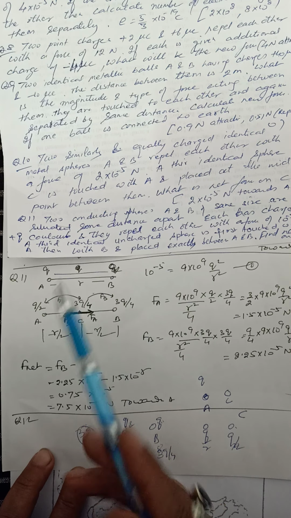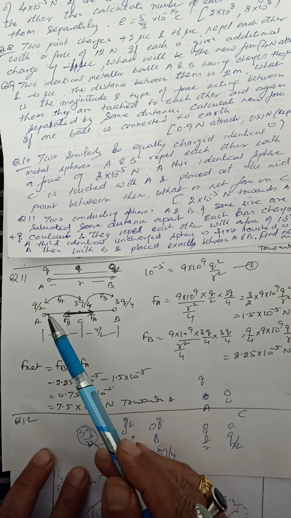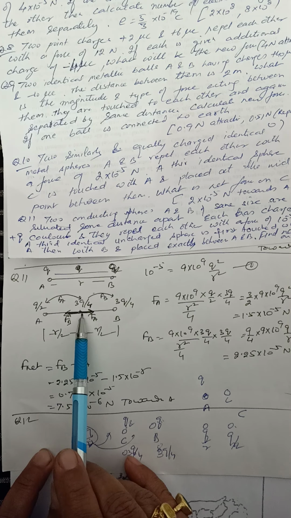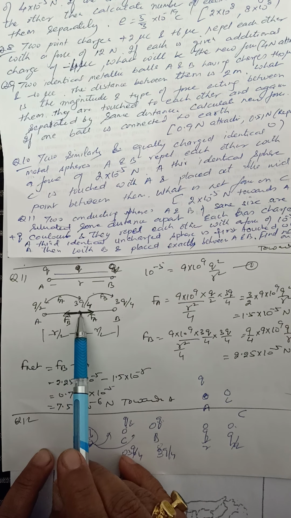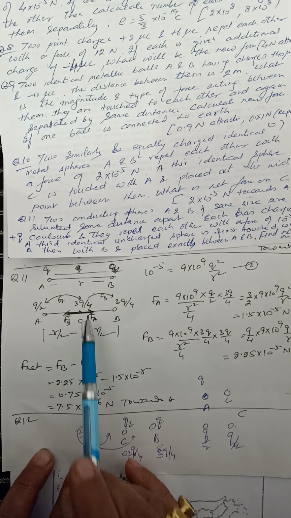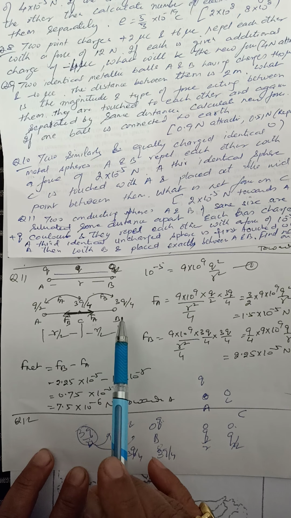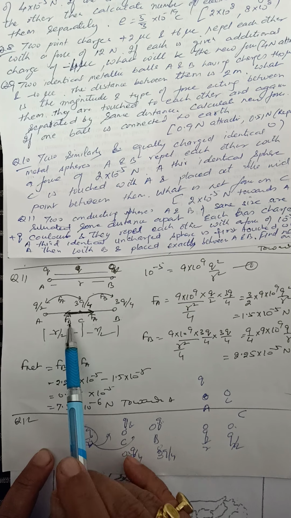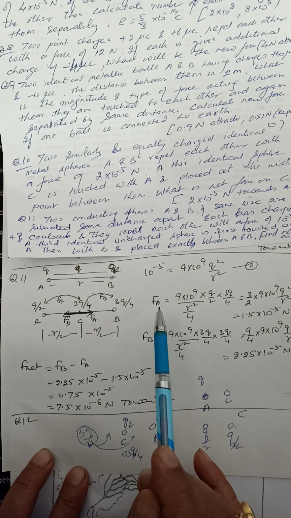We have to find the net force on C as in the previous question. Now A is repelling C towards right. It is FA, force applied by A. B is repelling C towards left, force applied by B. We calculate the value of FA and FB.